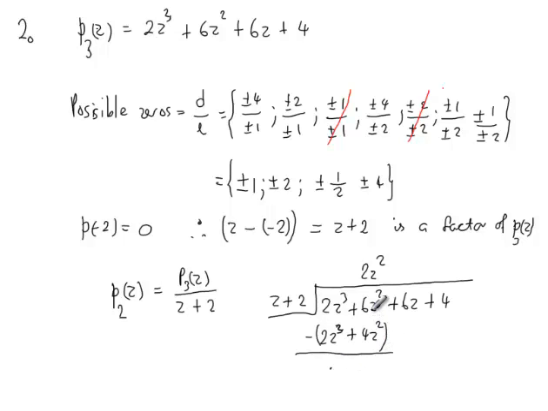So we get a 0 here. Here we get a 2Z squared. Then we bring our linear term down. We divide again. We are getting 2Z. It's clear to everyone, isn't it? Then multiply again. We get 2Z squared plus 4Z.